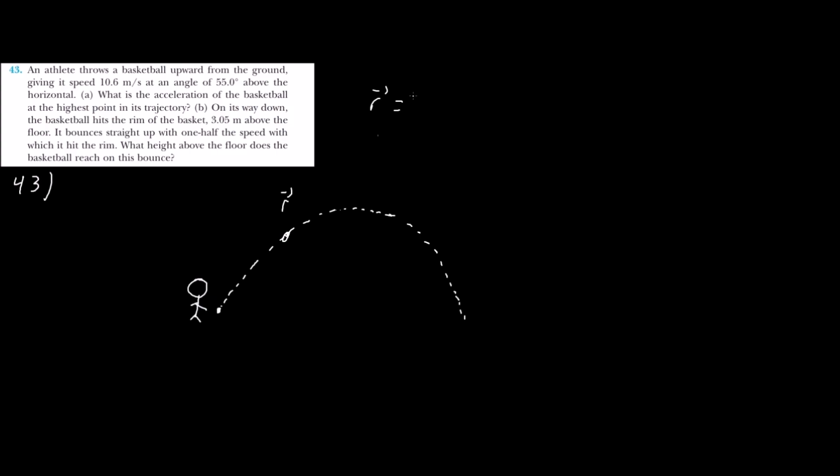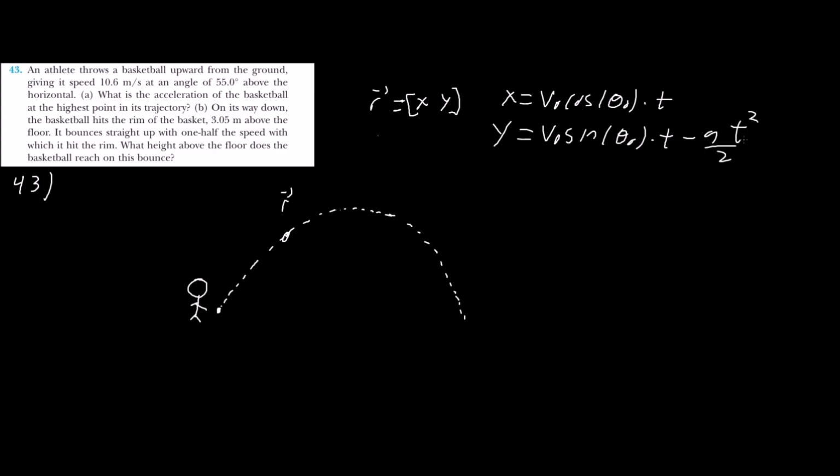I'm going to use my own notation. x is going to be v naught cosine of theta naught times the time, and y is going to be v naught sine of theta naught times the time minus gt squared over 2. These are the basic standard parametric equations of motion that we're going to be working with.